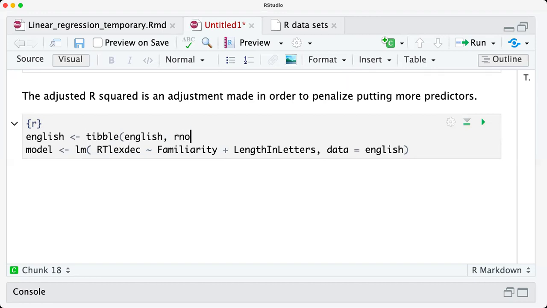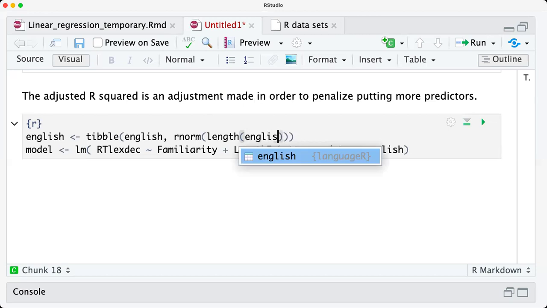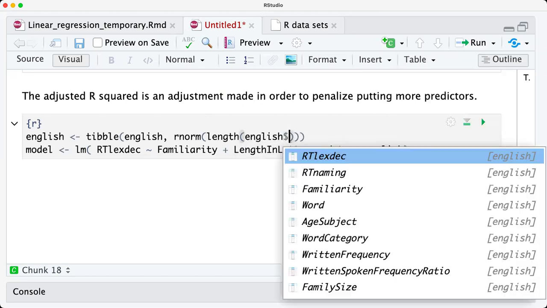So they don't help you to predict because they are random. The column has to have the same number of rows as the English data frame.